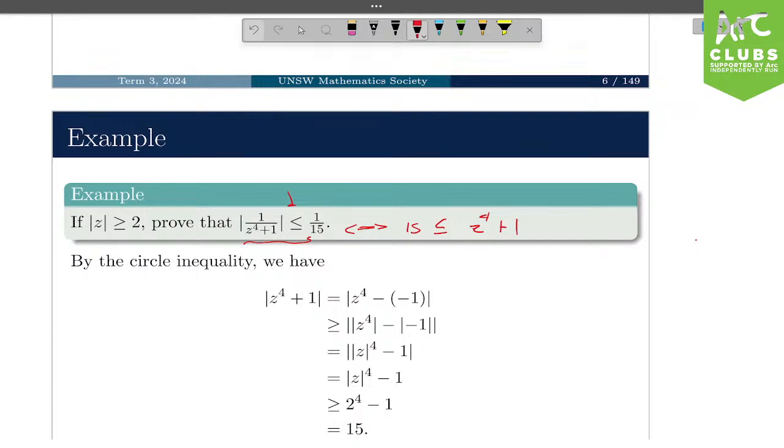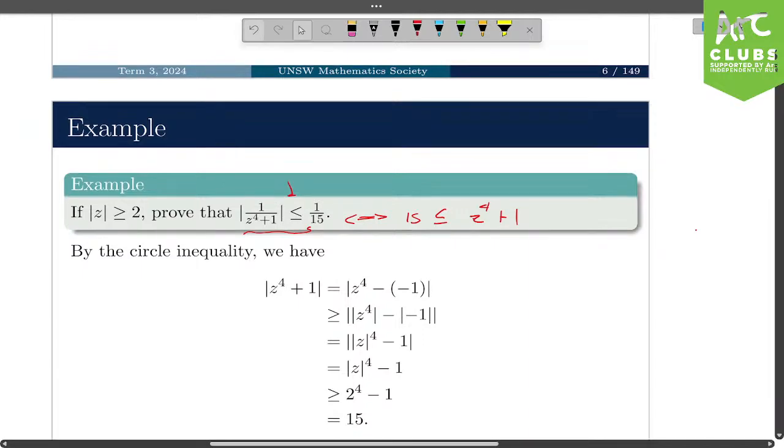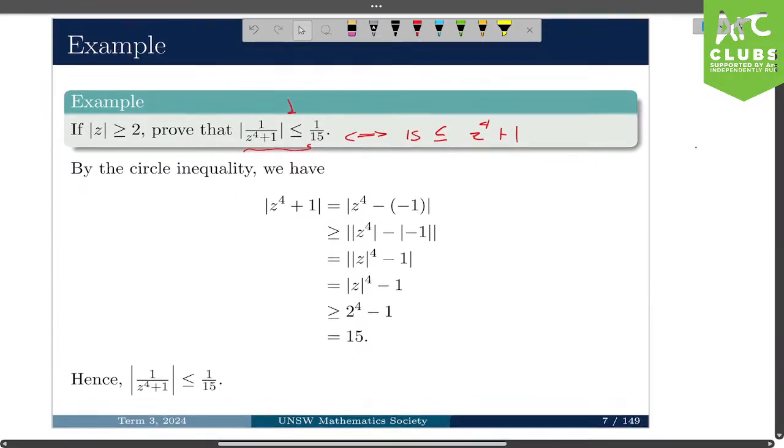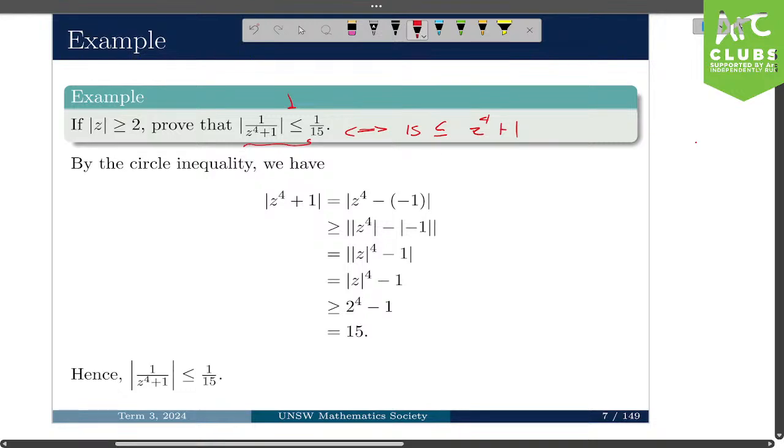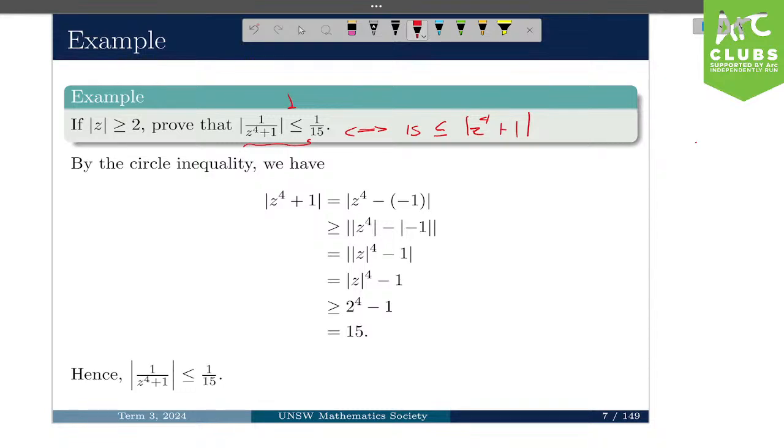We can show this with our circle inequality, since we can split z to the 4 plus 1 into z to the 4 minus 1. Then we know the modulus of these: this is at least 2 to the 4, this is at most minus 1, and that's 15. And we get the desired inequality. Do you have any questions?